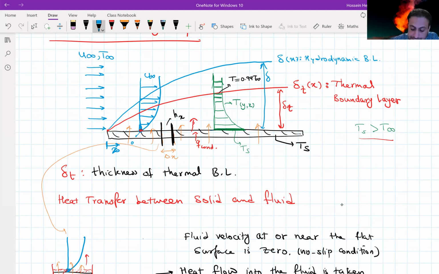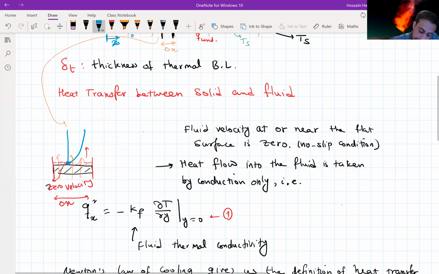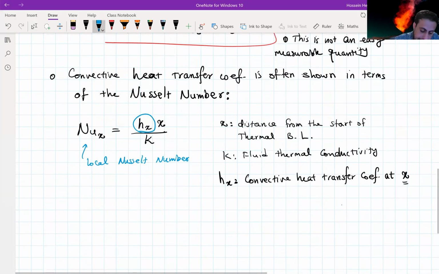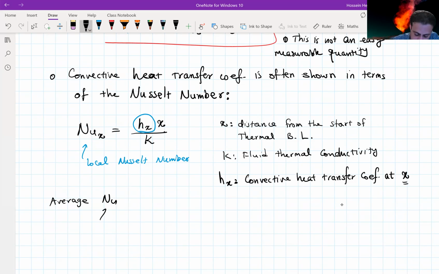The boundary layer is changing, so the temperature gradient at y equal to 0 would be changing, and as a result, hx would keep changing. At the same time, we define another Nusselt number called the average Nusselt number, where we use an average quantity of heat transfer coefficient.